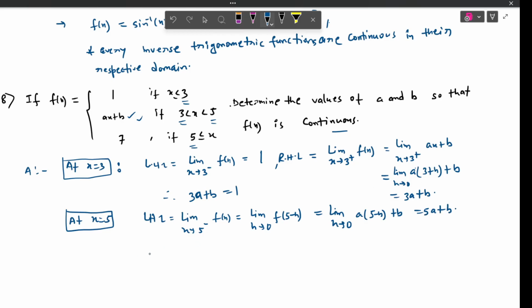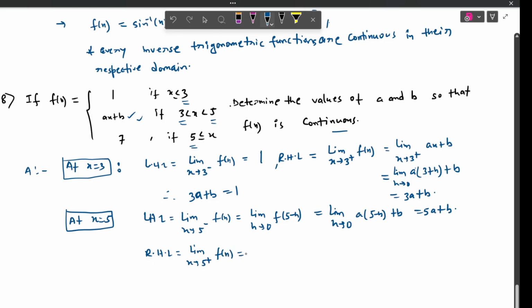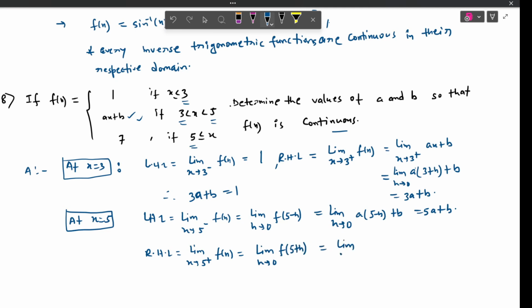And if you check the right hand limit, it will be limit x tends to 5 plus f of x, so limit h tends to 0, f of 5 plus h. For 5 plus you have to take this, which is 7.